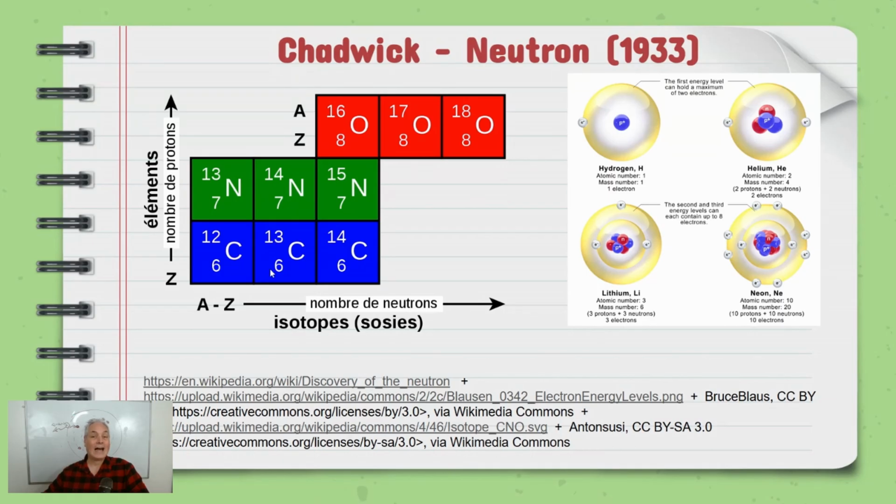We call those isotopes. For oxygen, if you look here, we have 3 different atoms of oxygen, here with 8 protons positive. But if you look at the mass, it's 16, 17, and 18. The mass was different. All the same identity, but different mass.